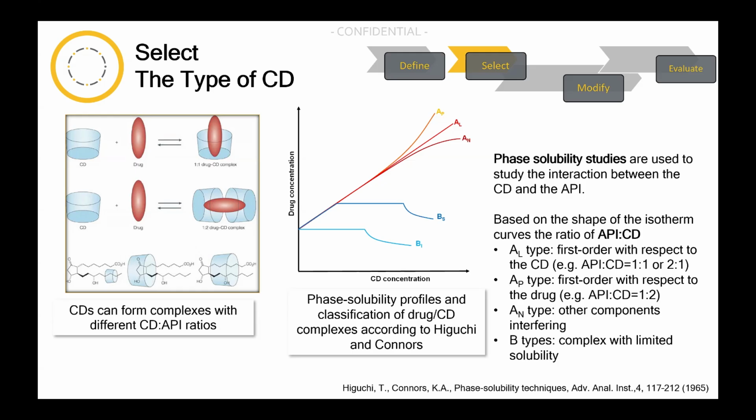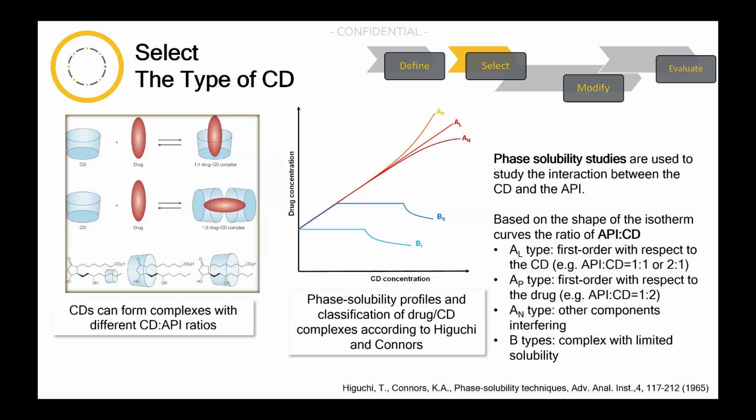One is B-type, where the complex has limited stability. For example, you can see the solubility is not increasing, or increasing with BS for a certain amount, but after that it's like a plateau.